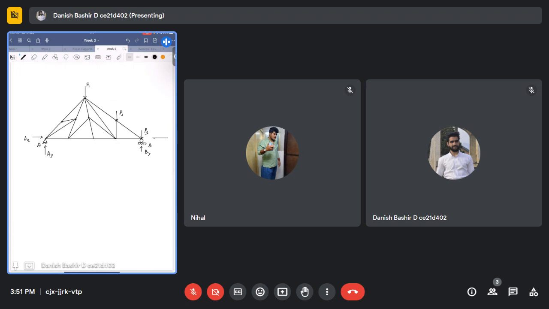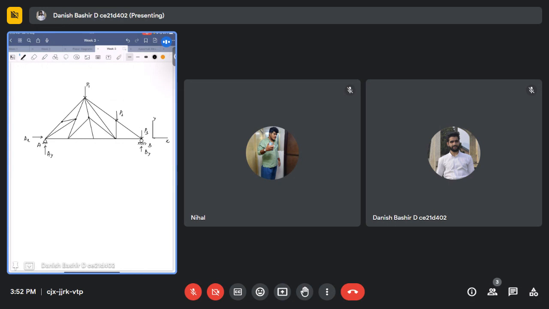Please bear in mind it's a very good habit to draw coordinate axes in each question, because it becomes clear to the examiner what coordinate system you are taking. So this is the X direction, this is the Y direction.